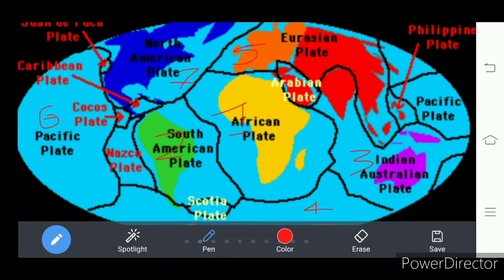One is here, the Nazca plate. This is one minor plate. Caucasus plate here. It is another minor plate. Arabian plate, here it is, between the Eurasian plate and the African plate. This is a minor plate. So all these are plates.